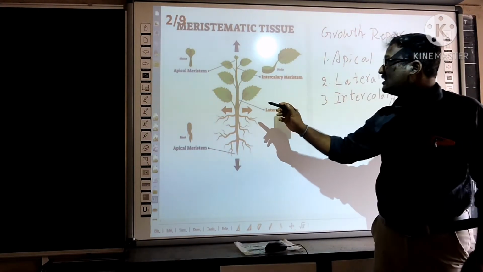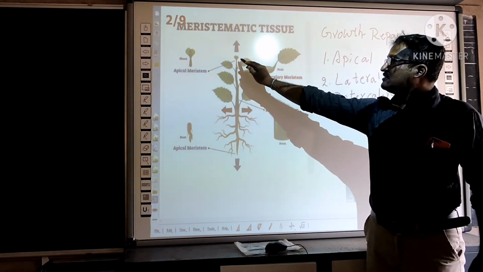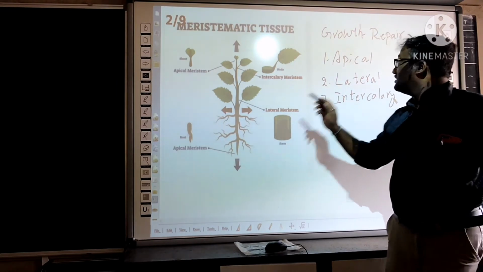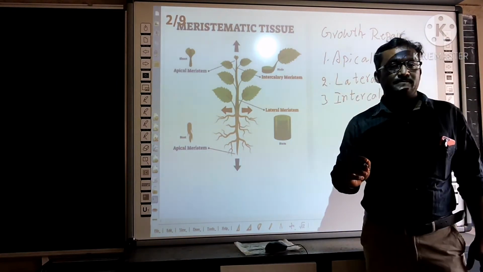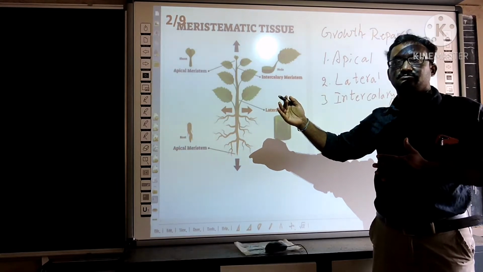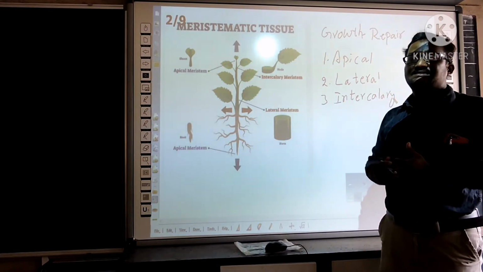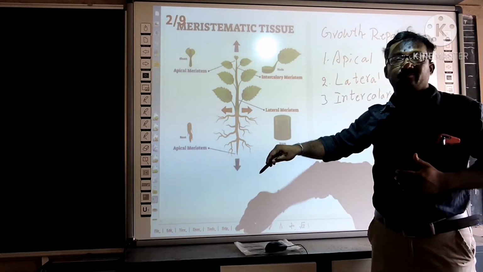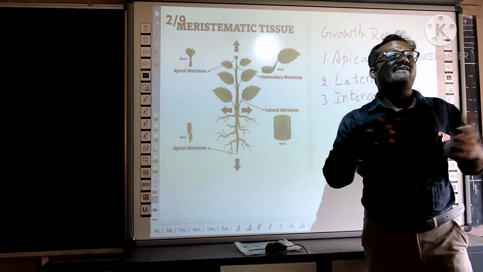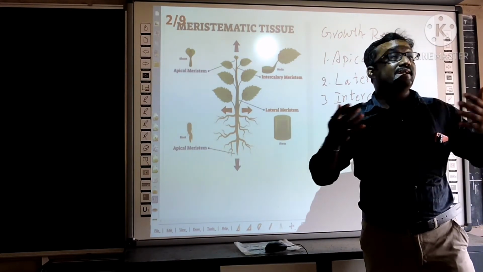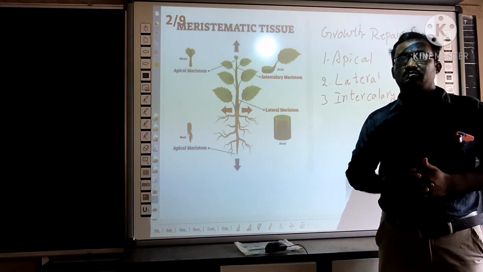So see this figure. At the tip of the shoot and at the tip of the root, the apical meristem is present. So they are present at the apical portion. And the cells in the apical meristem grow in vertical direction. Grow means divide. Meristematic tissue means it is actively dividing tissue. Understood?